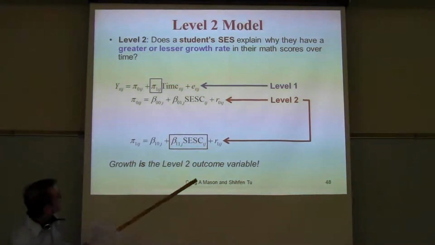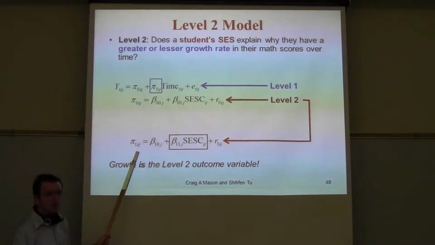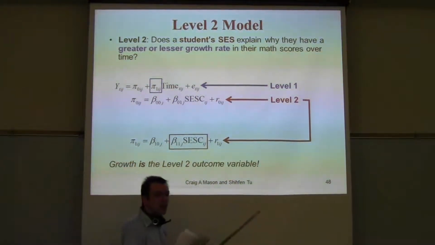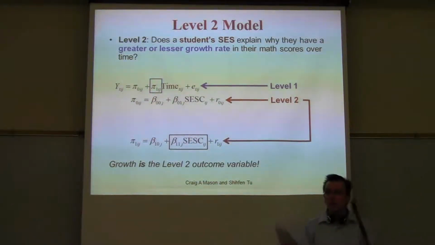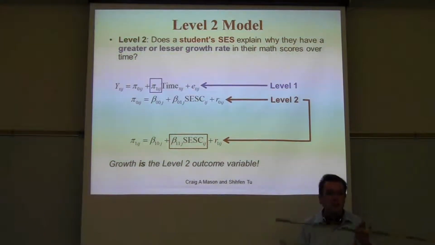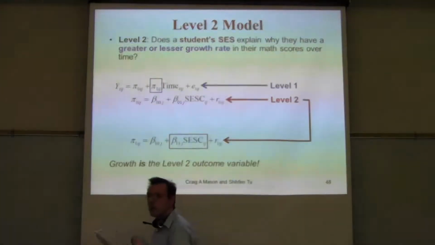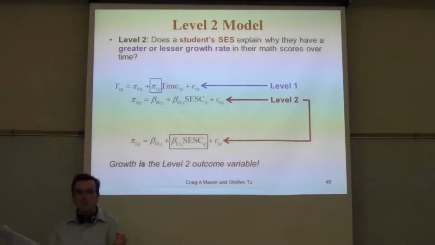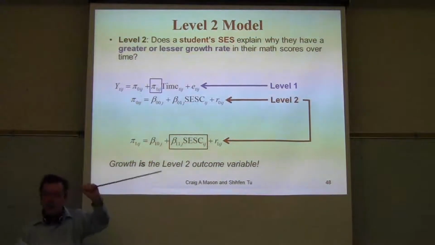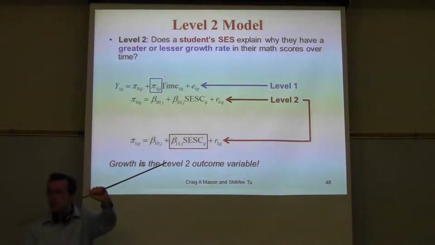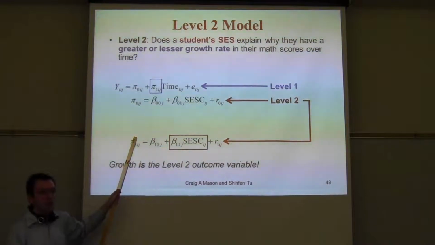The beauty of this is, notice here, growth is the outcome. We talk about wanting to analyze, do we want to look at students' growth? Do you want to measure students' growth? There are all sorts of less elegant ways of trying to measure students' growth. But in this case, that slope is their growth. You're literally analyzing growth as the outcome for the kids.